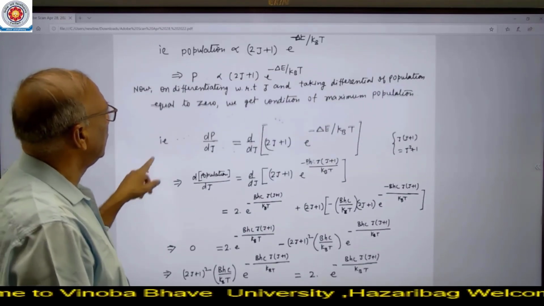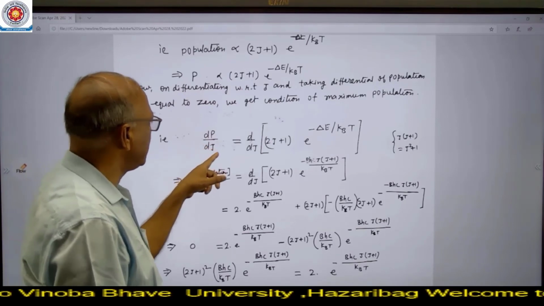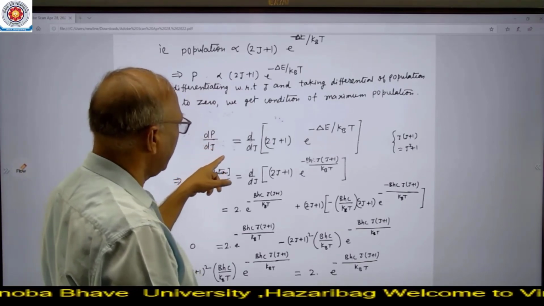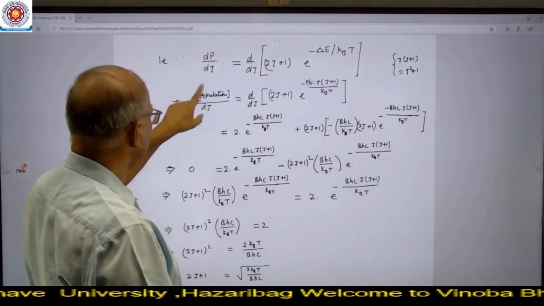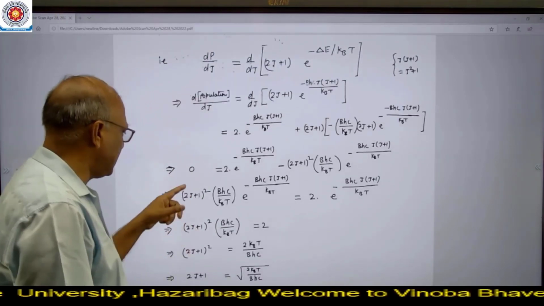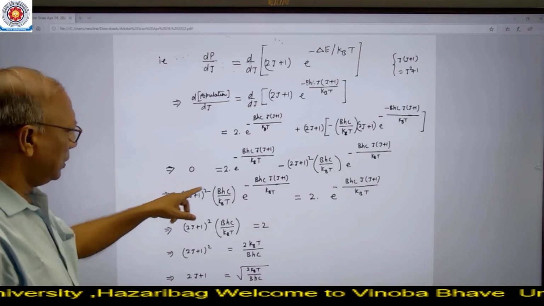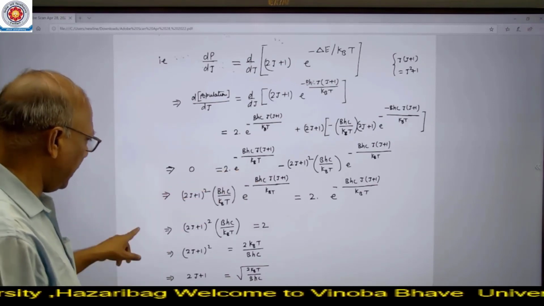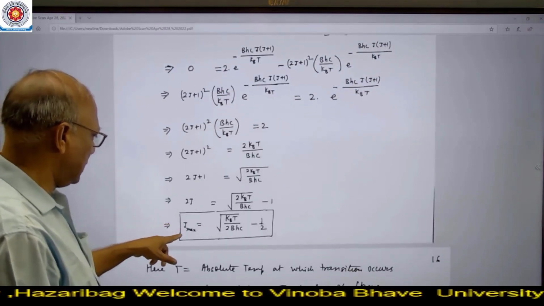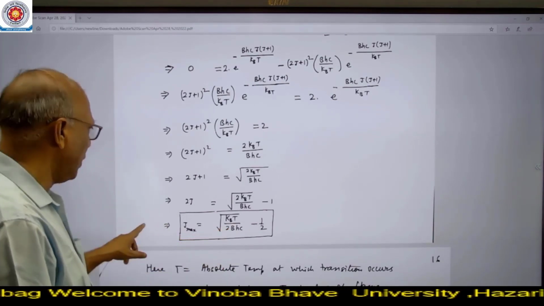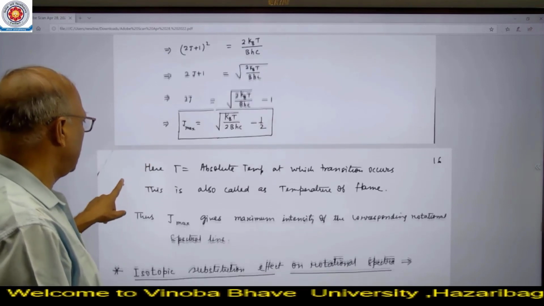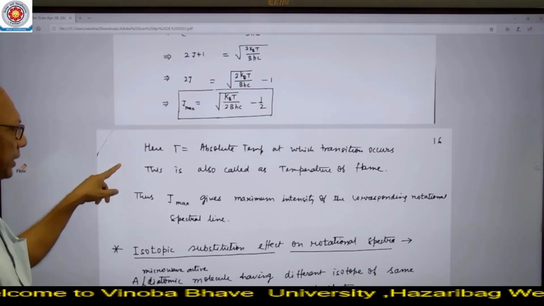This expression has been differentiated with respect to J, and finally dP by dJ is equated to 0, and when simplified, it becomes J max equals the square root of kT by 2Bhc minus half. On this expression we will have numericals also.